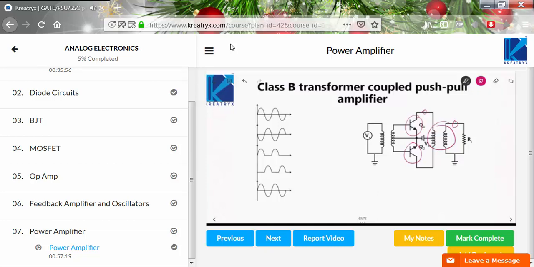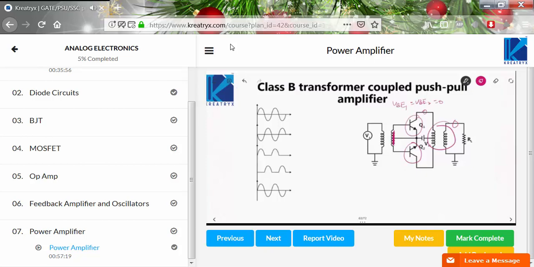Coming to the DC analysis, the transformer windings are short circuited, and the base and emitter terminals are also shorted. This is because in DC, an inductor acts as a short circuit and a capacitor acts as an open circuit. Then the base to emitter voltages VB1 and VB2 of the two transistors will be equal to 0.